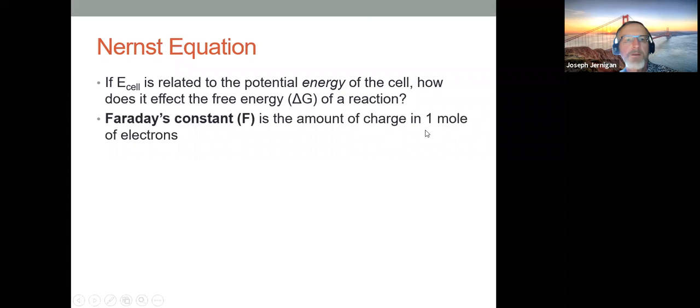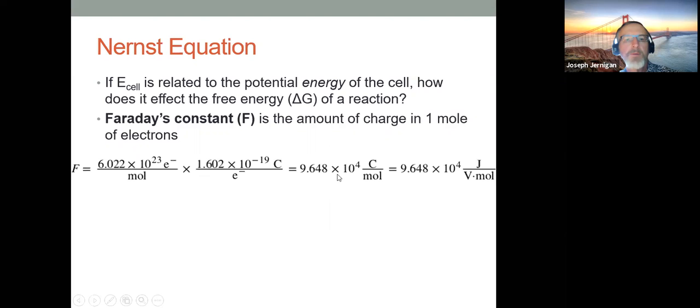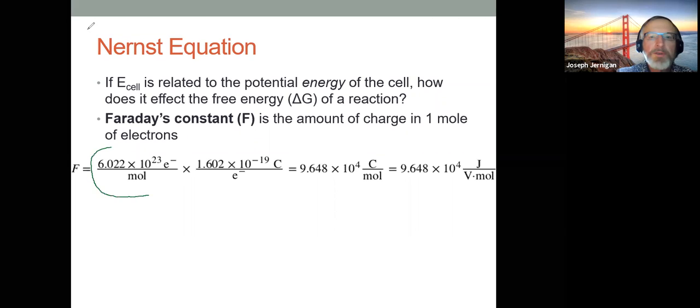I think we've talked about, okay, I did want to talk a little bit more about the Faraday constant. So the Faraday constant is the amount of charge in a mole of electrons, a whole mole, okay? And the derivation is in your book, but it's kind of neat to know that you can derive, this is the number of moles. I mean, this is the charge, I'm sorry, that's Avogadro's number, right? That's Avogadro's number.